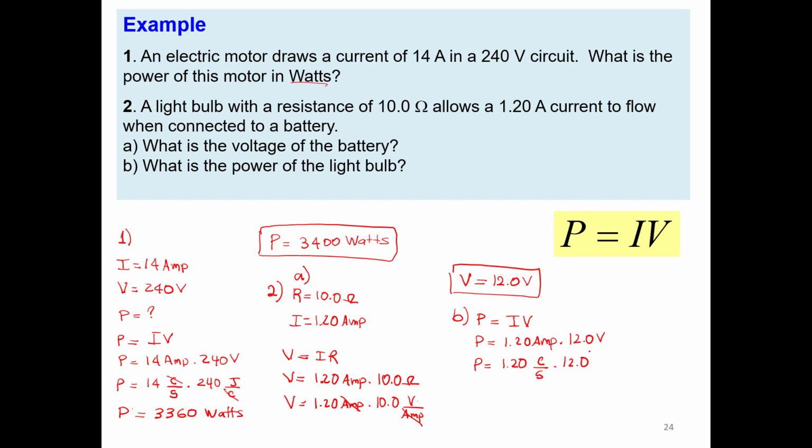In case of the voltage, it is how much work per charge. This cancels out, you have joules per second, which is watts. Then 1.20 times 12.0 will be 14.4 joules per second. And finally, the power is 14.4 watts. And this is the answer.